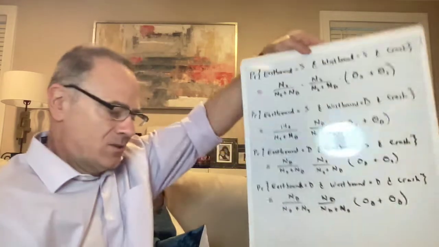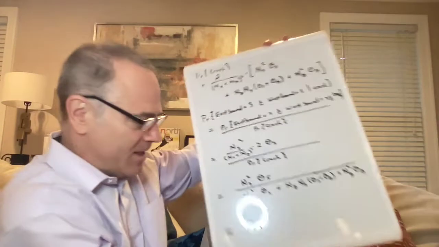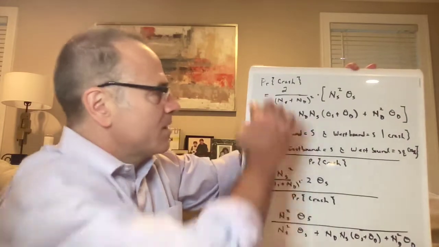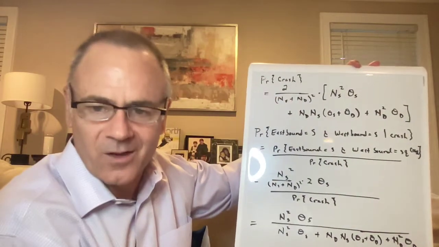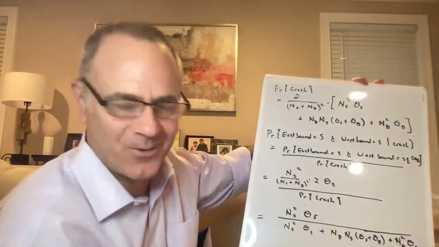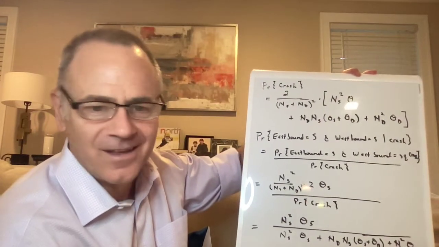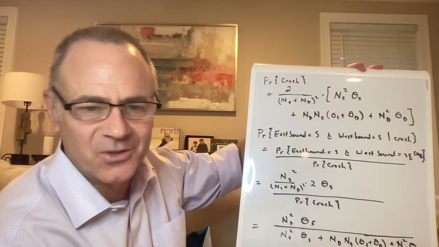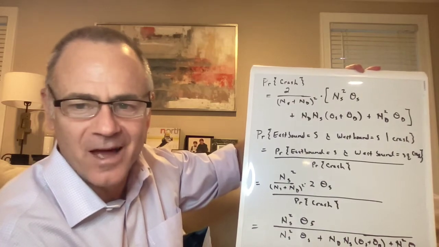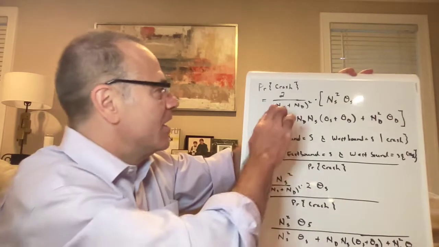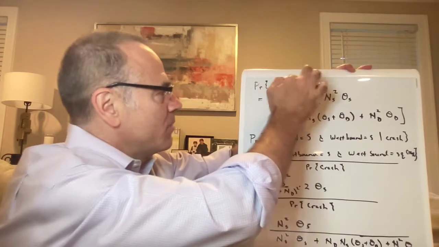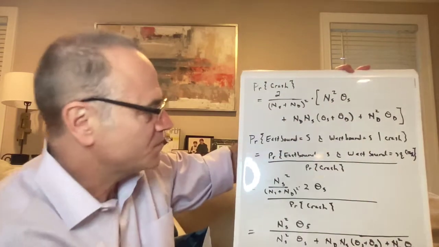Hopefully you're doing this on your own with pen and paper, verifying it. It's a little bit hard arithmetic, at least algebra 2 level math. If you do that math and collect terms, you get probability crash equals this.